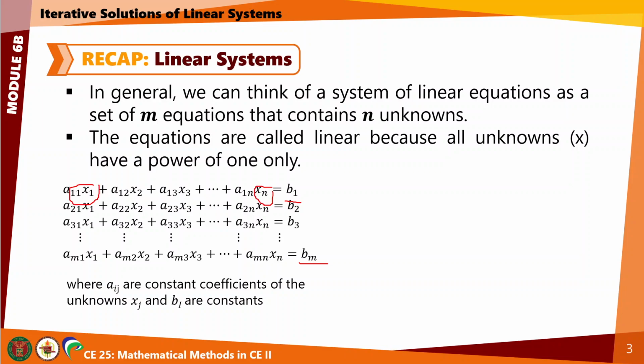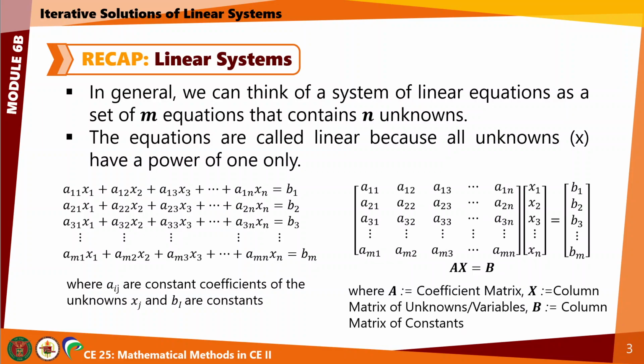So we have n unknowns and m equations. These a coefficients, constant coefficients, are labeled as a sub i j, where i is your row and j is your column. Then x sub j is your unknown, and b sub i are your constants.